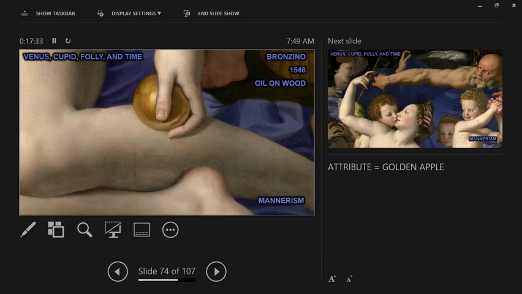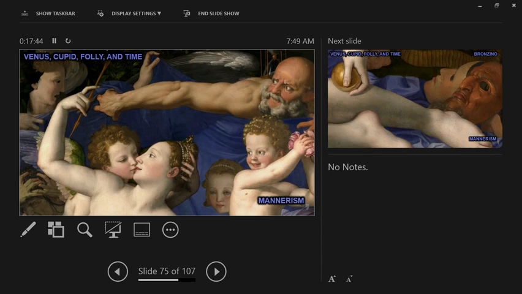And I told you that story of the golden apple, that this is the apple that started the Trojan War. All right. Above her is Father Time, and as time moves along, it uncovers truths. So he is pulling back this curtain, this blanket, to uncover the truth.